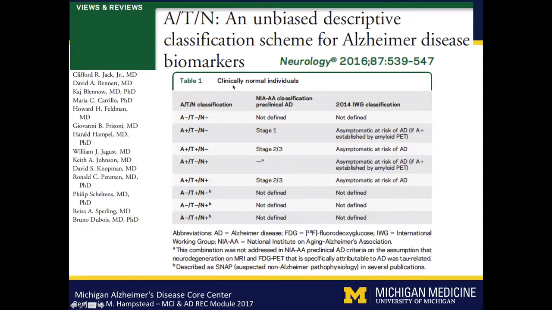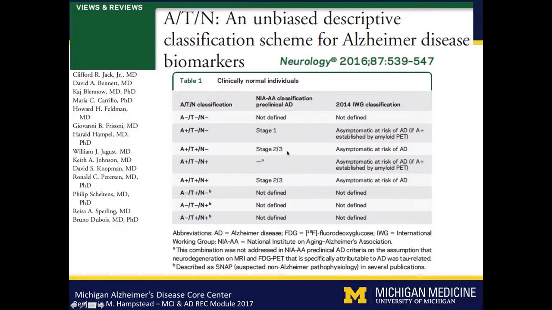So here we would have a cognitively intact normal person who is biomarker free, at least as it relates to the AD biomarkers. This person would have amyloid, but not tau, and no evidence of neurodegeneration, and so they're proposing this be called the stage 1 of the Alzheimer's process.